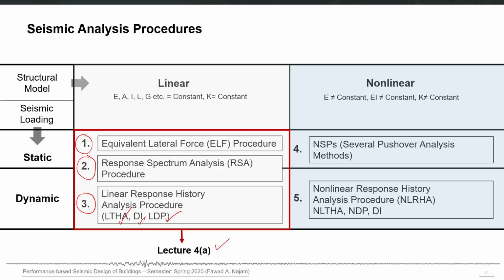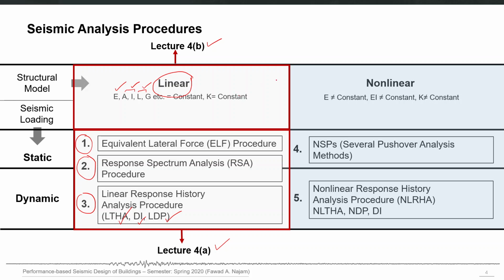Now is the time that we will discuss what are the computer modeling issues which should be addressed before we can apply these three procedures, and that we will discuss in this lecture 4B, where we will be discussing the linear finite element modeling of structures. Linear means that all of the material properties and the cross-sectional properties are linear, they follow the fundamental linear relationship between actions and corresponding deformations.